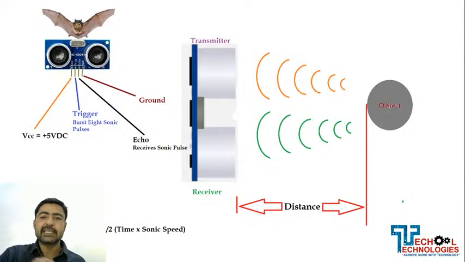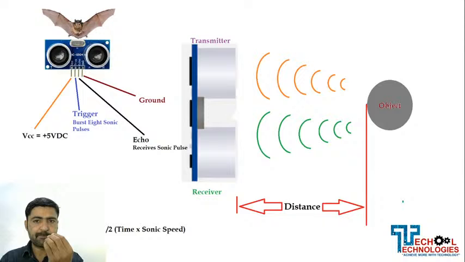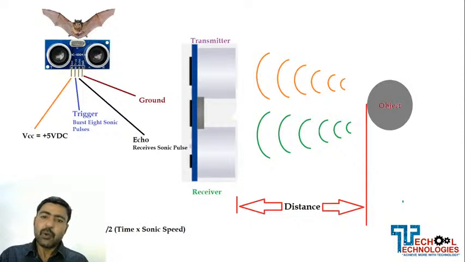And as you are seeing, these 2 round shaped speakers will be used to generate and transmit the waves into the atmosphere. The range of this ultrasonic sensor, the HC-SR04, is 4 meters.